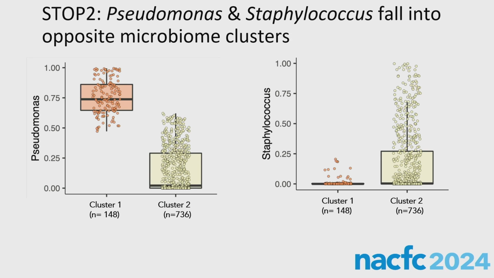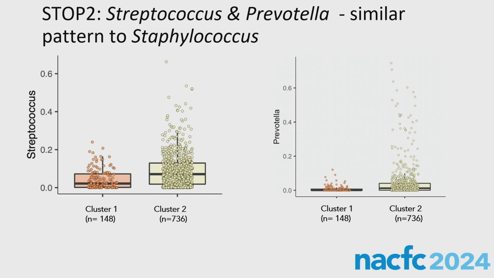This is consistent with so many of the things we've heard this morning, that Pseudomonas and Staphylococcus are the most abundant members of the bacterial communities in these infections. Interestingly, there are often cases where Pseudomonas is dominating and there's not as much staph, or vice versa. Streptococcus and Prevotella, all at the genus level, have a similar pattern to Staphylococcus, with more abundance in cluster 2, which also has a lot more people in it in this data set.